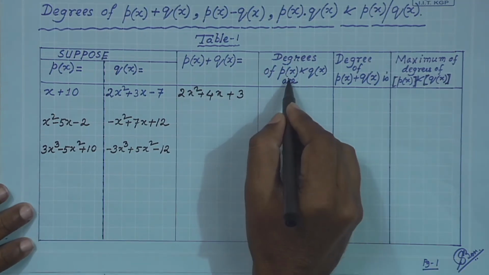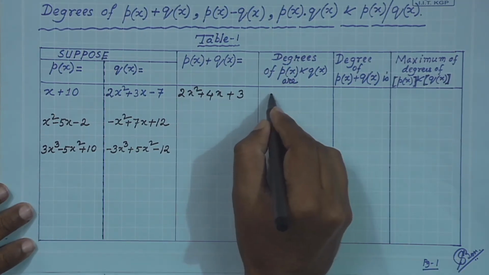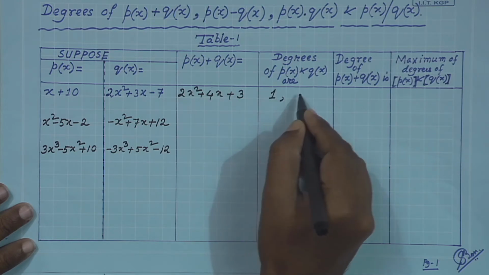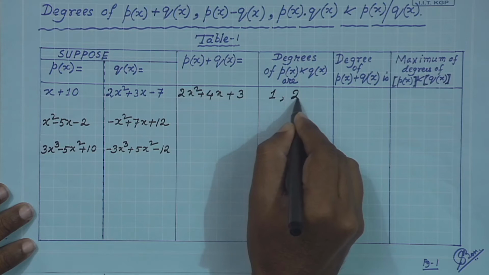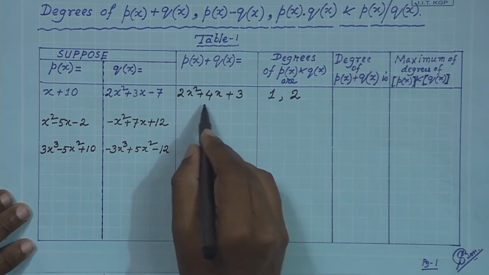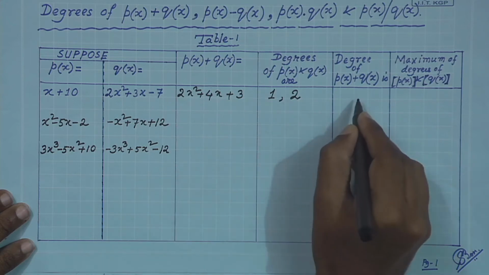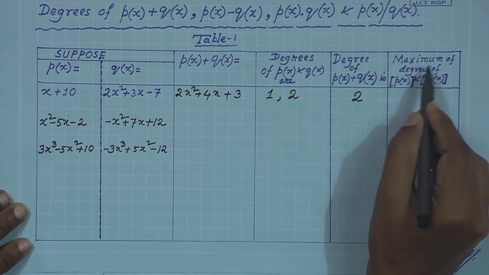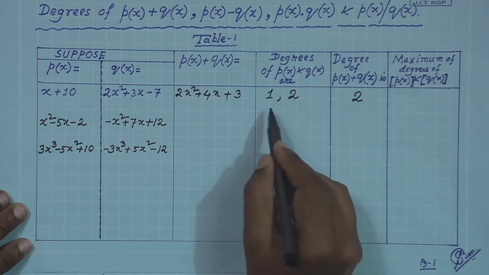What are the degrees of p(x) and q(x)? For p(x), the degree is 1. For q(x), it will be 2. And what is the degree of p(x) plus q(x)? It will be 2 again. Now, tell me what is the maximum of the degrees of p(x) and q(x)?